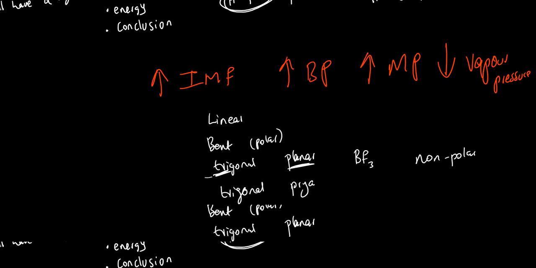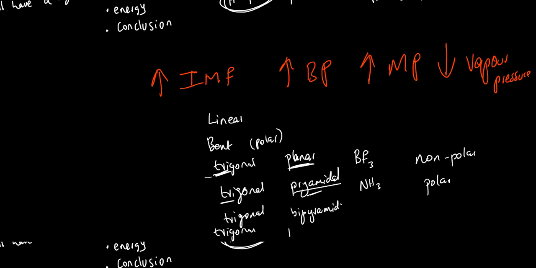And then if you have trigonal bipyramidal, that means you have five bonding pairs, so it's going to be non-polar. And then tetrahedral, also non-polar.